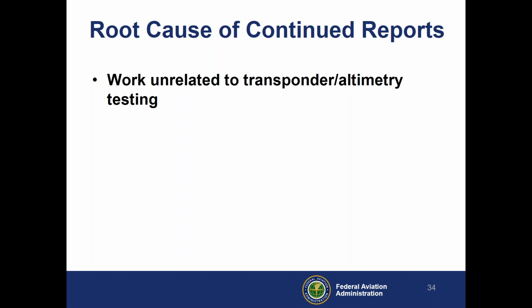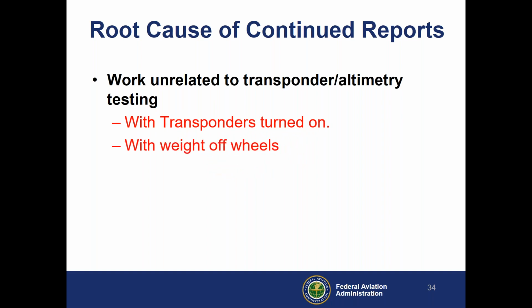Maybe weight off wheels is being simulated. It could be a contributing factor. Anytime you simulate altitude or weight off wheels, transponders on, maybe you're conducting other types of tests, you can cause the false targets.